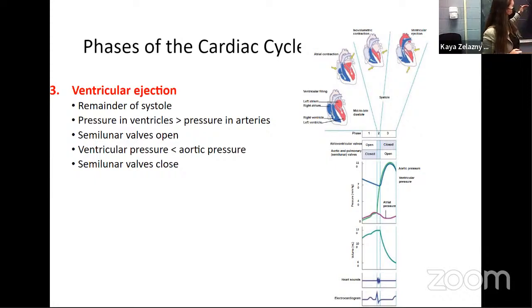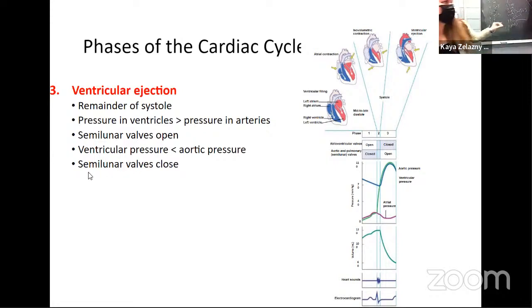So as we move forward in the ventricular ejection phase, we have a small space because we're contracted, but we've ejected a bunch of blood, so we don't have as much volume in there. So we're going to see that the pressure in the ventricle starts to fall.